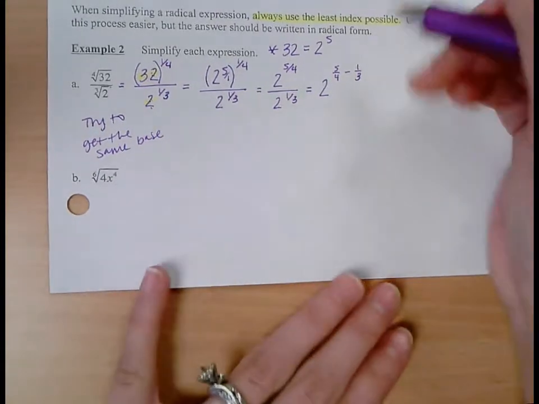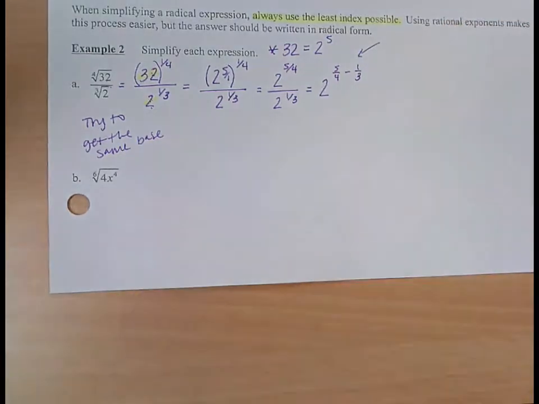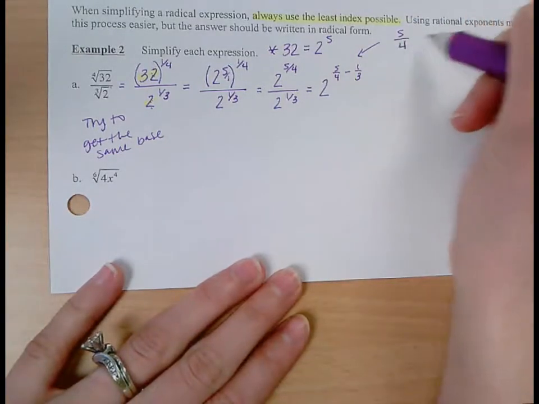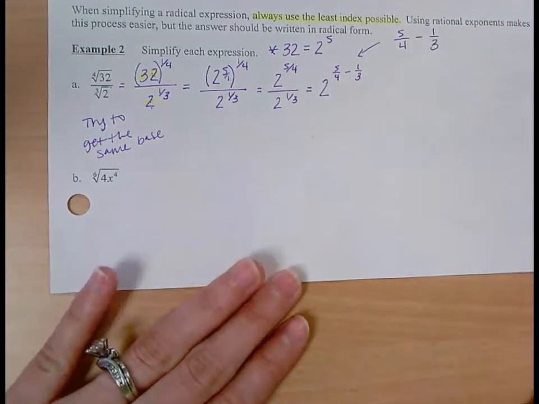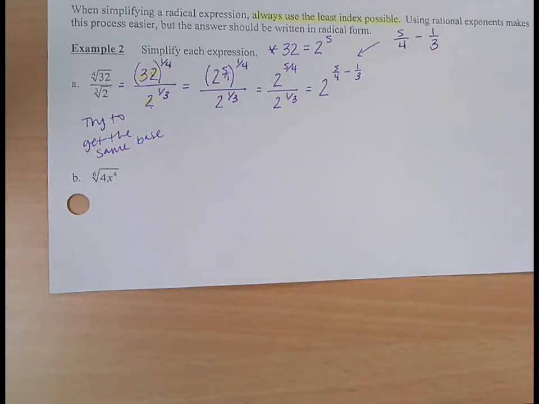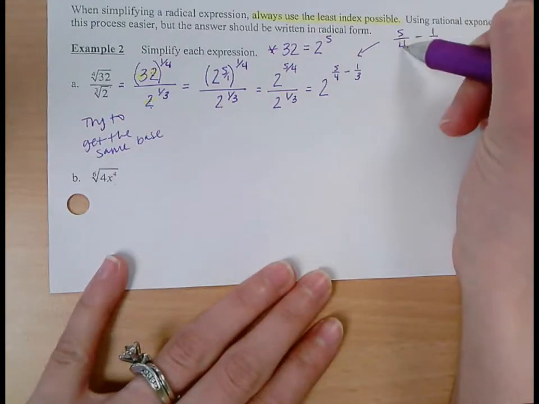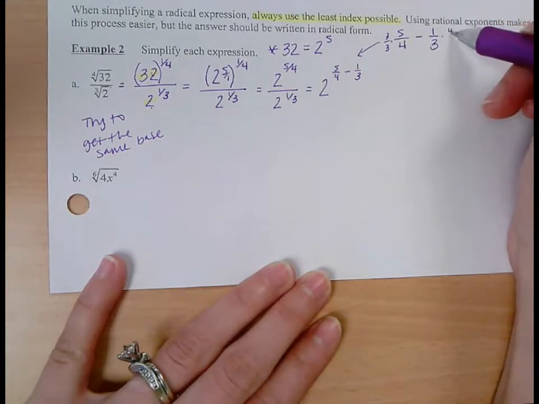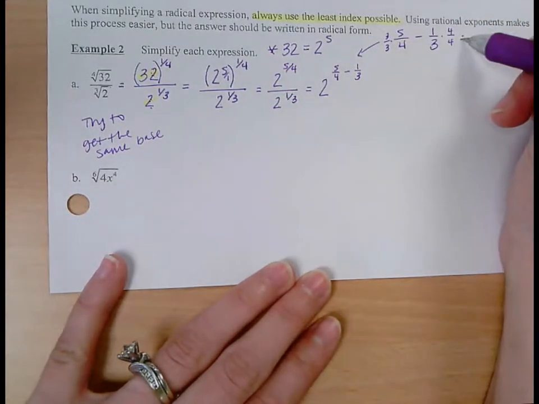Whether you are subtracting using a calculator or by hand doesn't matter to me. I just want to review with you by hand how to subtract fractions. When you add or subtract fractions, you need a common denominator. What's the common denominator for 4 and 3? 12. So I would have to multiply the 5/4, top and bottom, by 3, and the 1/3 top and bottom by 4.